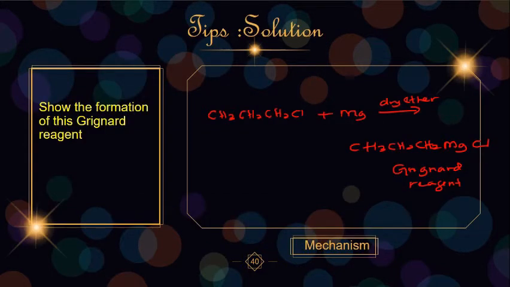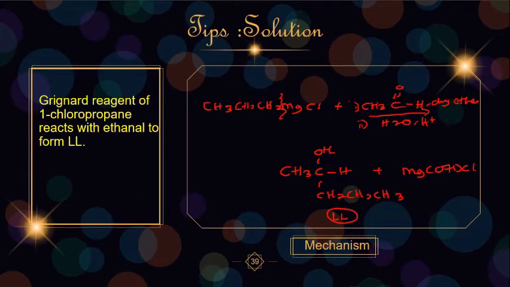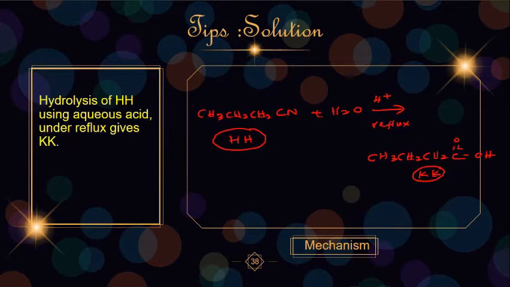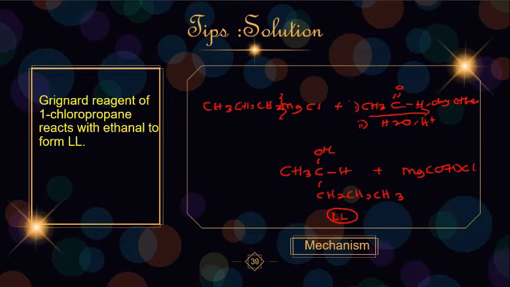So tadi kita dah tunjuk equation lah. Okay, daripada Grignard. Okay, for this question, Grignard reagent macam mana daripada JJ nak form LL. So dia followed by saja.